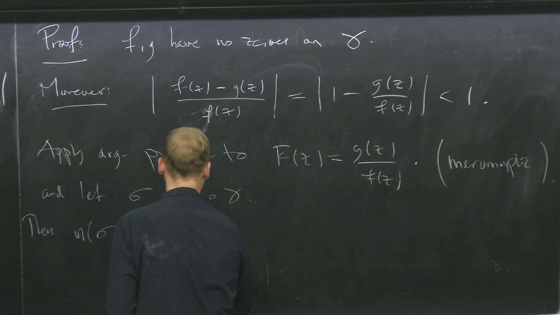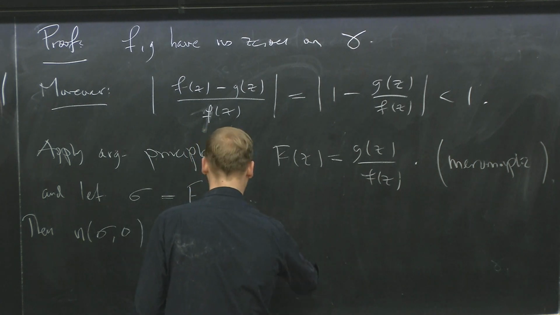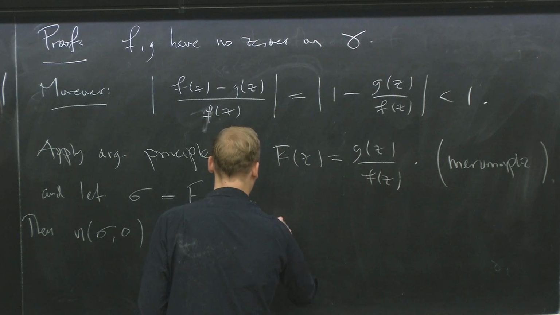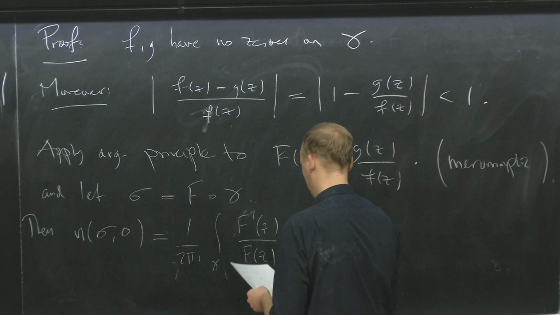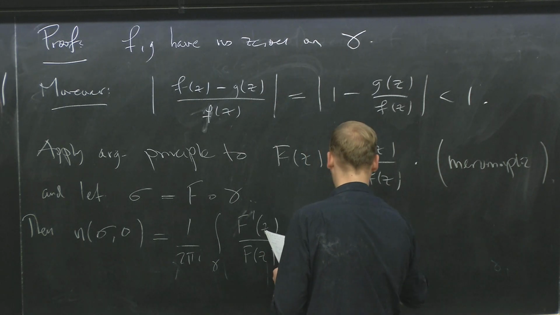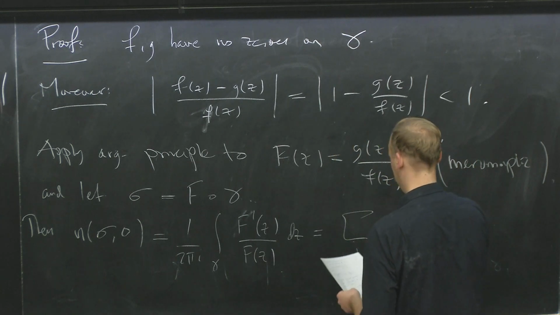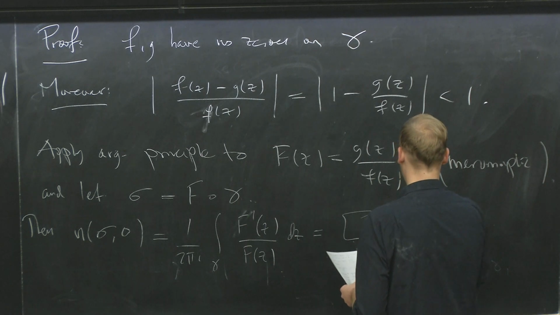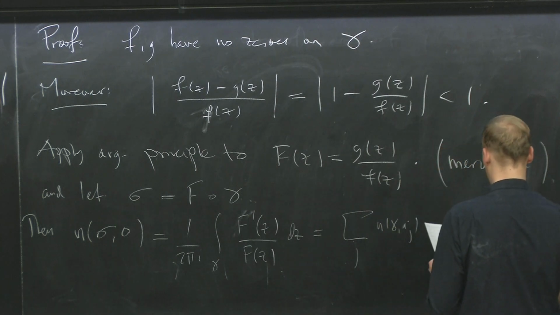Well, we know from our previous remarks that this is nothing but the integral of capital F prime over capital F of z dz. And this, writing it correctly, I reiterate that you have to sum over all the zeros, up to multiplicities. So this is the sum of this minus the sum of poles.